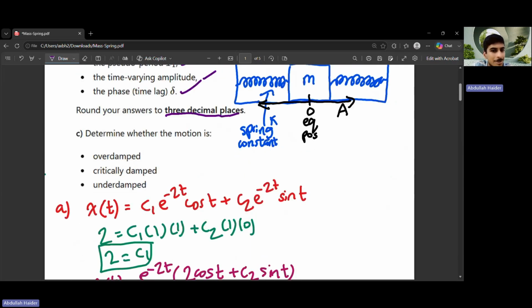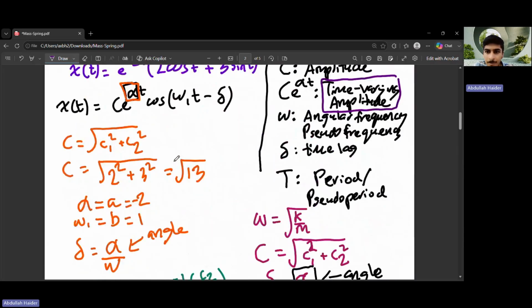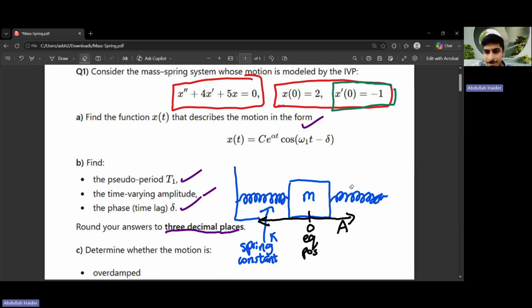Now the most important part, determine whether the motion is overdamped, critically damped, or underdamped. I don't have space, so I'm going to delete this since I've explained how the system works.